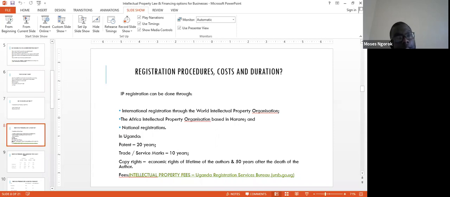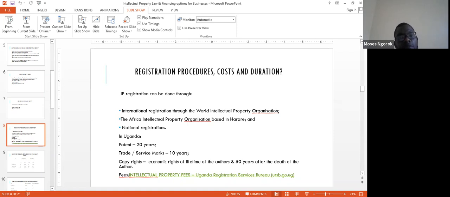So governments have come up with a system where they're trying to centralize the registration process. One of those is with the World Intellectual Property Organization. When you register in Switzerland, some of the steps that you're required to follow are waived.